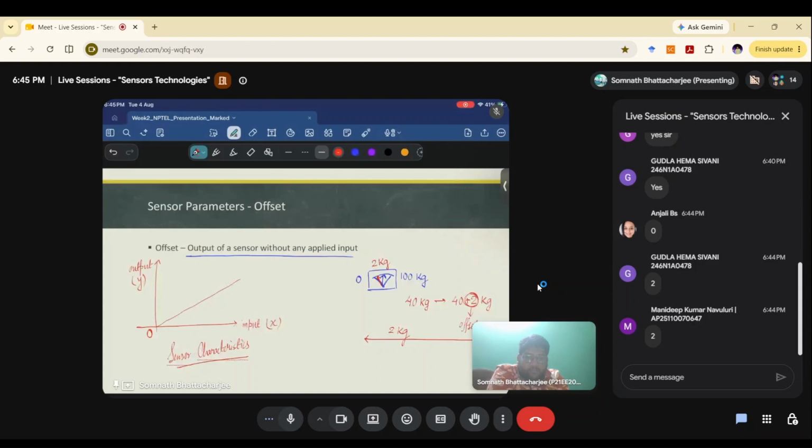So if you have a weighing scale, and when you are not putting anything on top of it, that is the condition x equals 0, you are already getting the weight as 0 kgs. Now if you are putting a weight of 2 kg, you are getting the weight of 3 kgs. So what is the value of this offset for this condition?